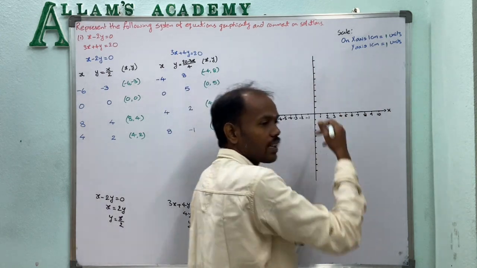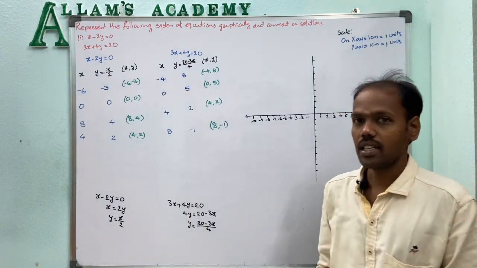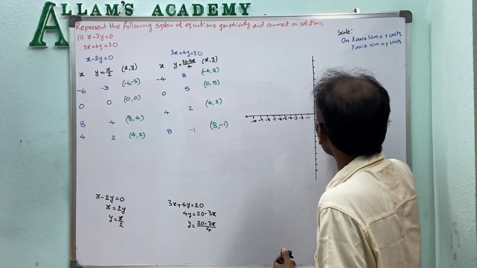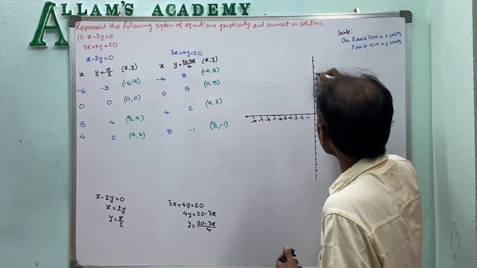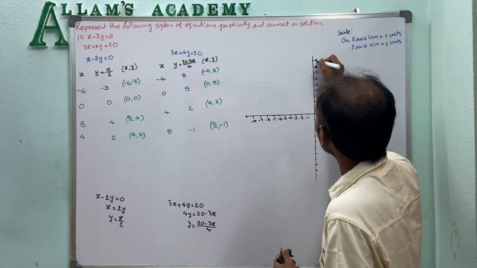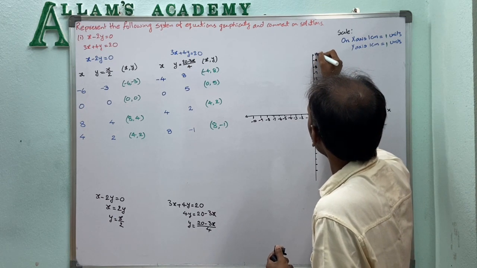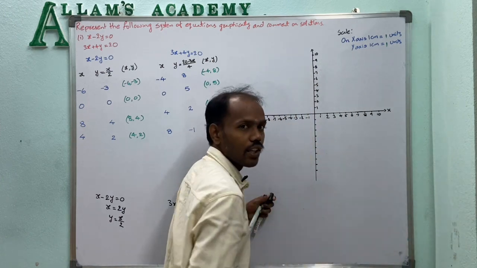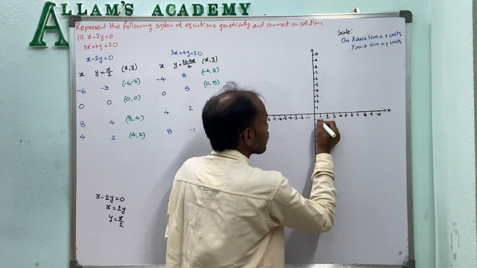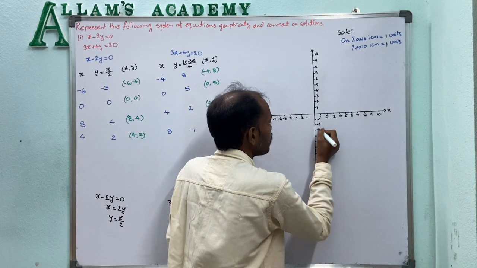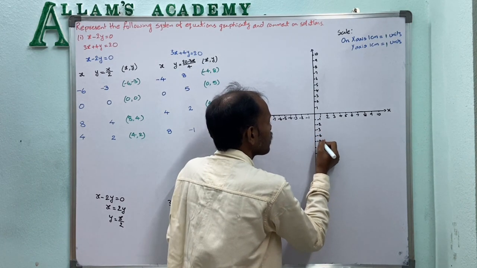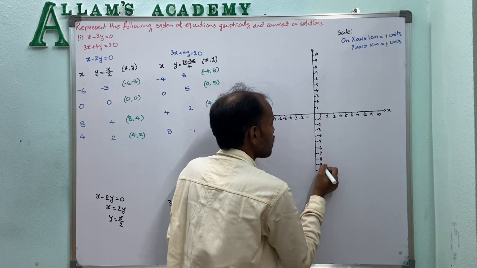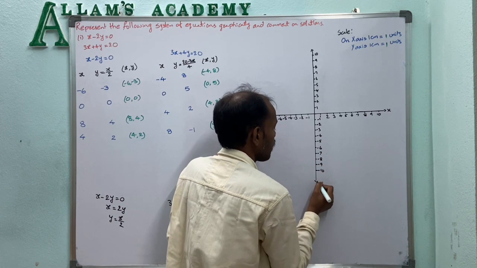Above the horizontal, positive 1 to 10, and the downside negative numbers minus 1 to minus 10.